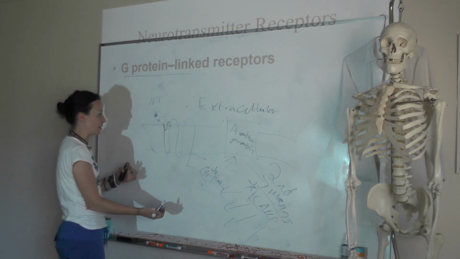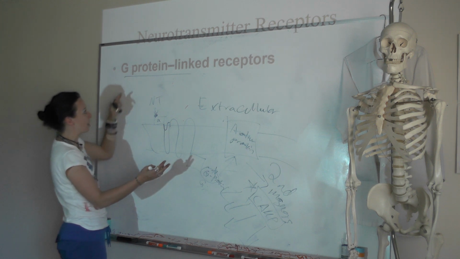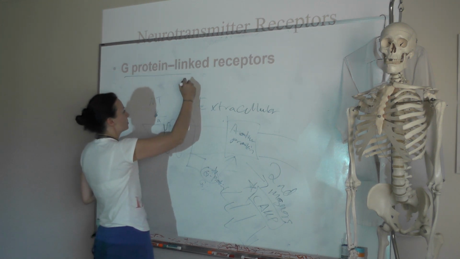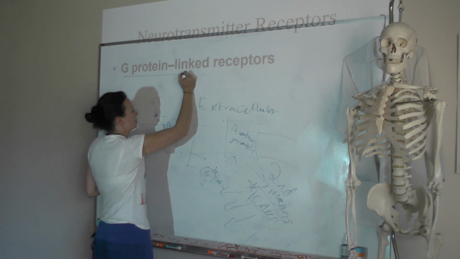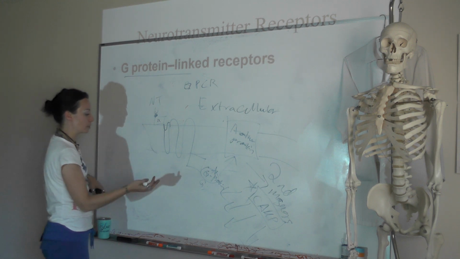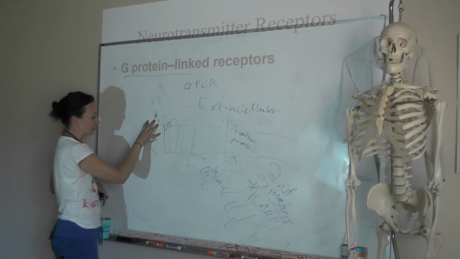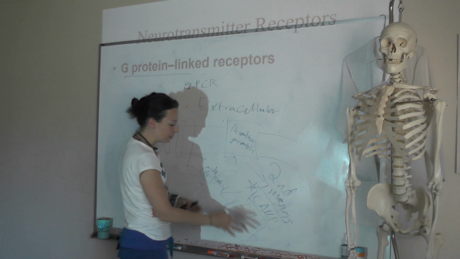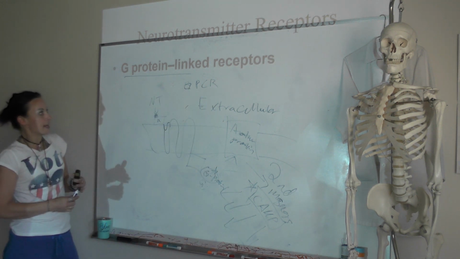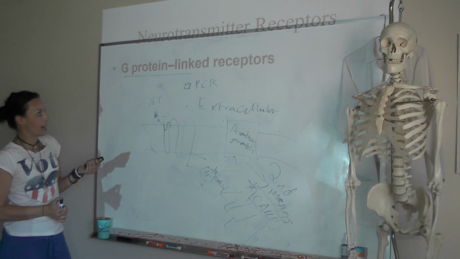What's cool about G protein coupled receptors, usually seen as GPCR, or G protein linked receptors, is that the binding of one neurotransmitter here can cause a huge cascade of events inside the cell. So that's the second type of neurotransmitter receptor we have.